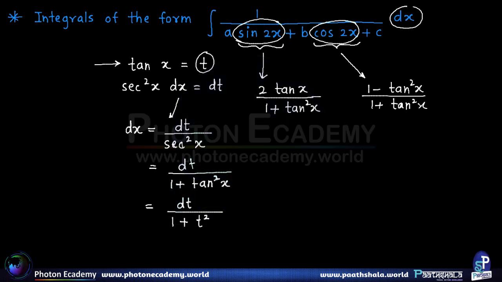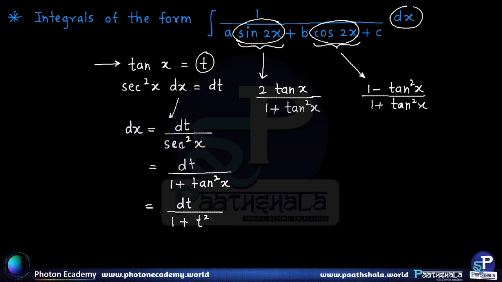So we see all the terms in the original integral can be completely substituted in terms of the new variable t, and hence we can simplify the integral using one of the standard forms to which this new integral will get reduced.